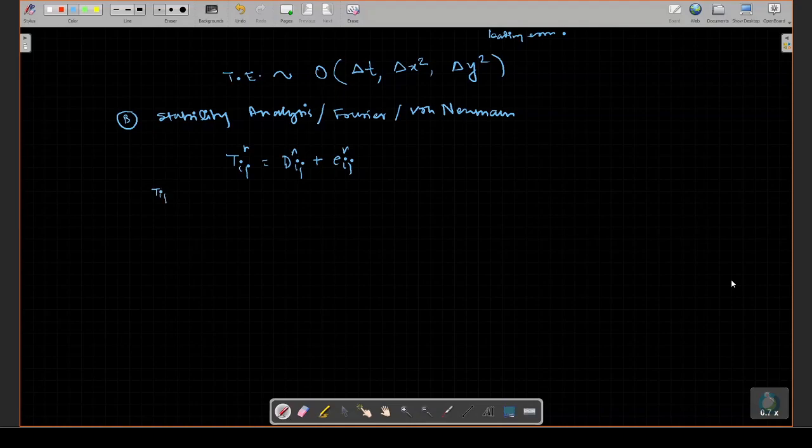Tij^n and Dij^n satisfy equation number 1. Therefore, the error equation is, so error equation is again e, the same, you know, n plus 1 minus eij.